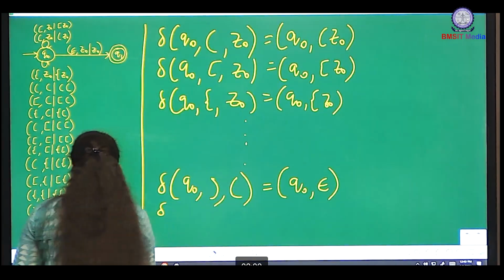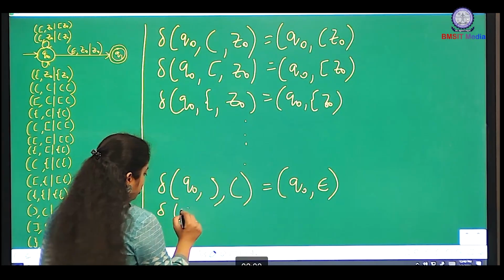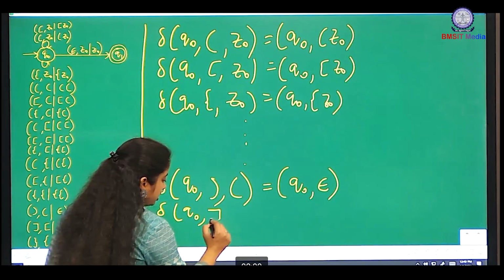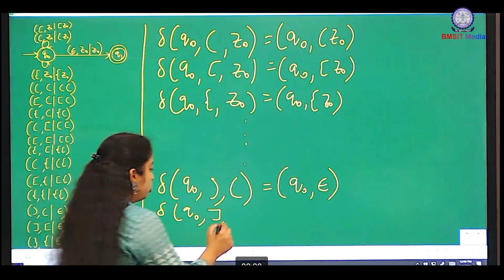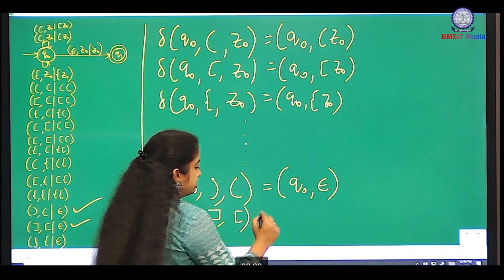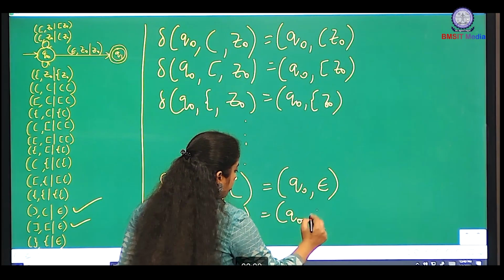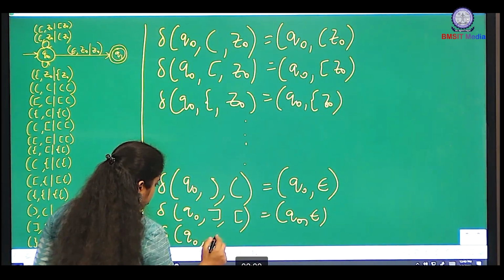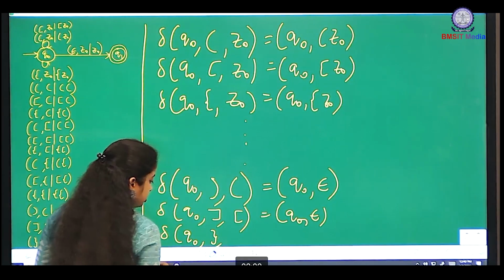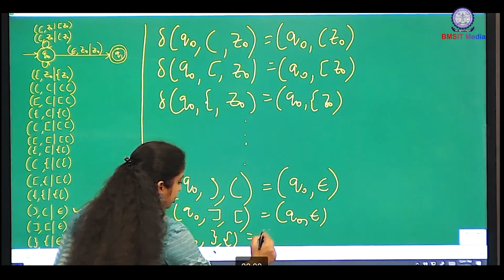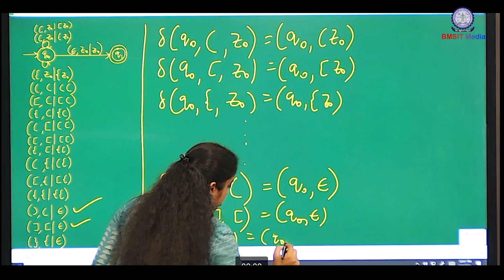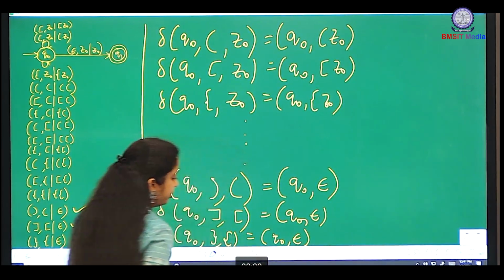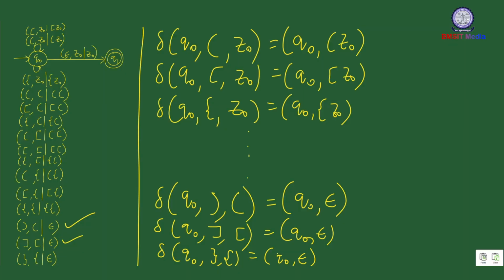Same thing for the next one. Q naught, closed is the input symbol, open should be the stack symbol, and you will pop it. Q naught, closed curly, open curly, and then you will pop it and stay in the same state.